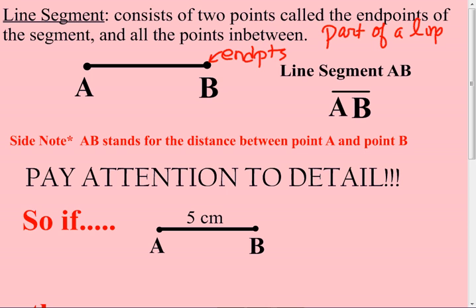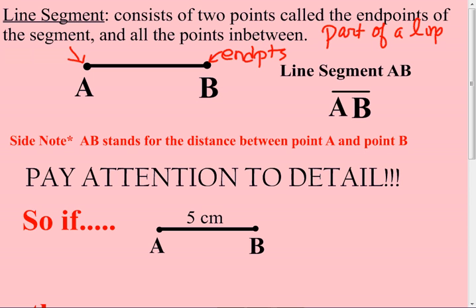There's an endpoint, and there's an endpoint. Okay, what's going to be important here? How we name it. So we're going to name it by the 2 endpoints and draw a little segment. Not a line with the little arrows, not that, just a segment above there.